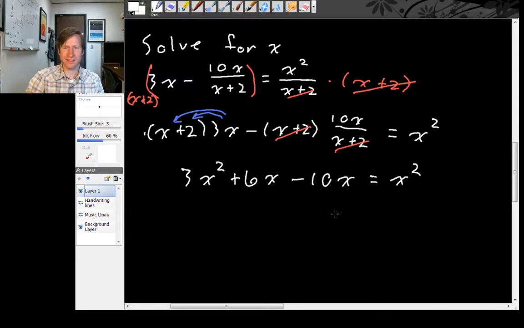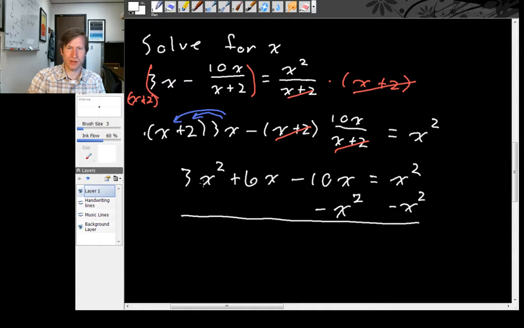So let's subtract x squared from both sides. That gives us, so 3x squared minus x squared is 2x squared. And then 6x minus 10x, that's minus 4x, equals 0. All right, now we have 0 on one side, so we just need to factor the other side.